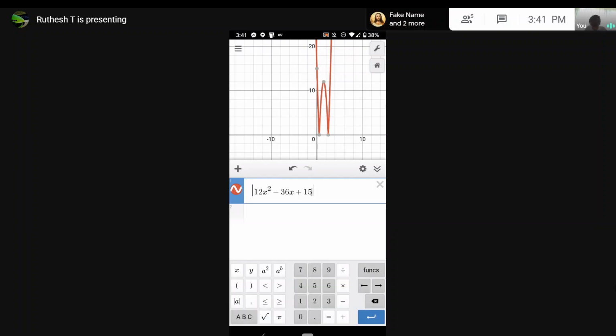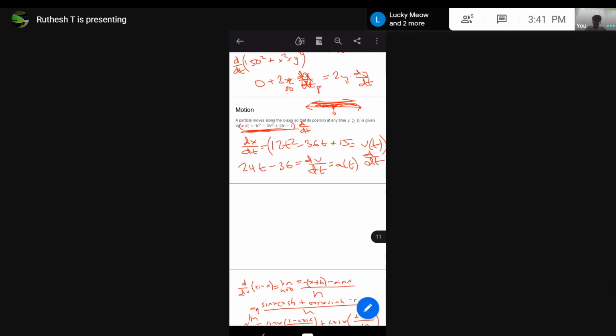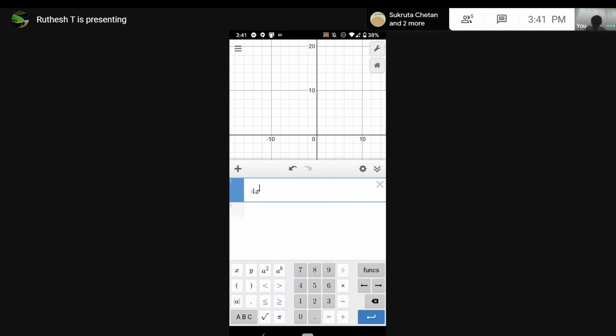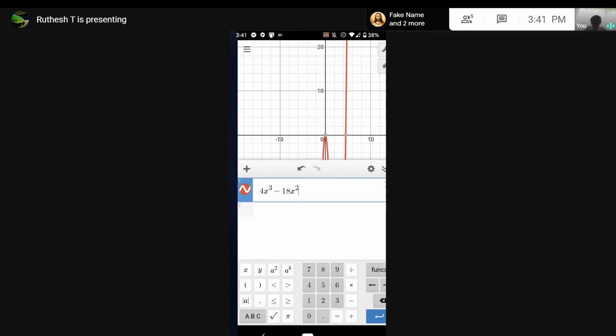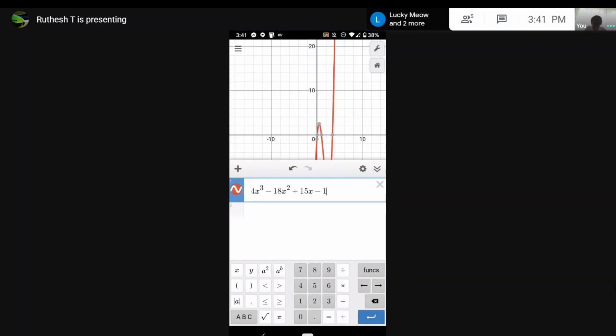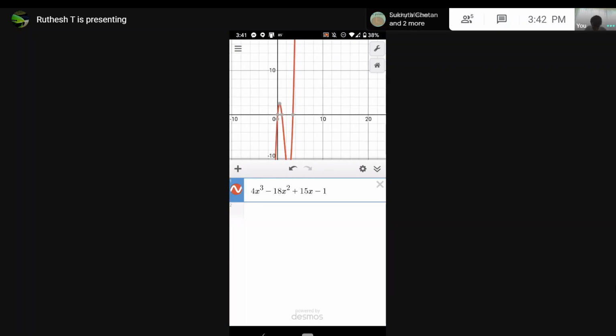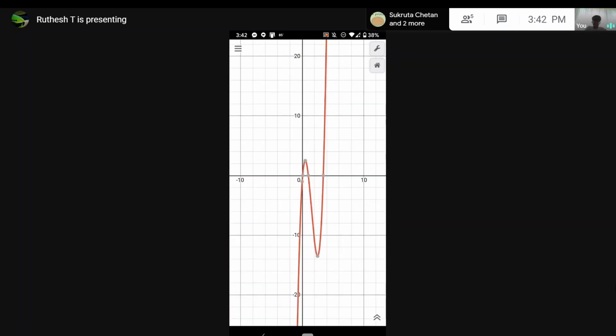Okay, and let me graph the position function. So 4t cubed minus 18t squared plus 15t minus 1. So you get this thing here. You care about the points that are greater than 0, and you find out that 0.5 and 2.5 are relative extrema on this graph.